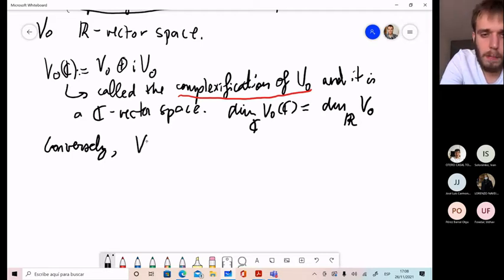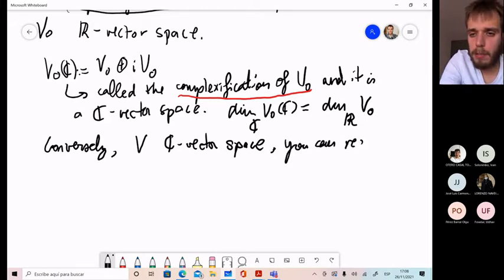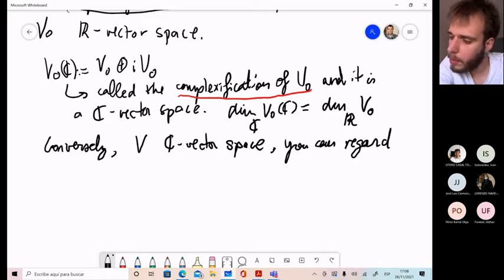if you start from a complex vector space V, then you can regard V also as a real vector space, okay? Just by forgetting how to multiply by complex numbers.